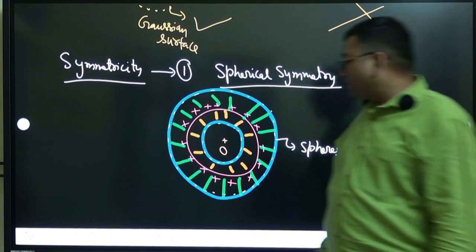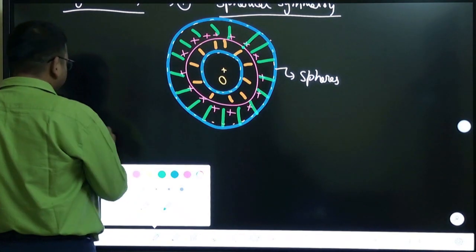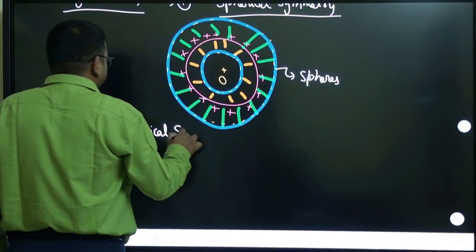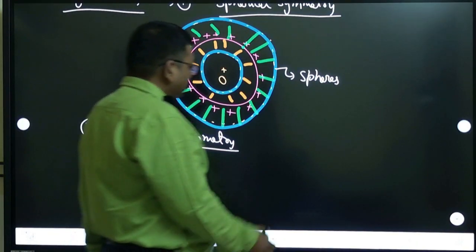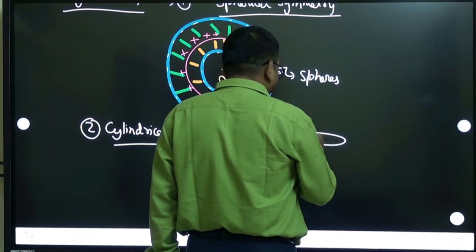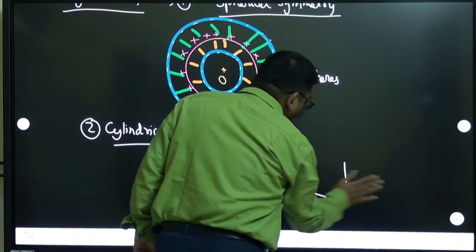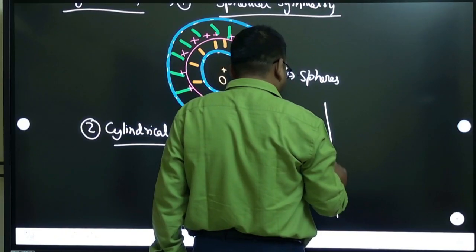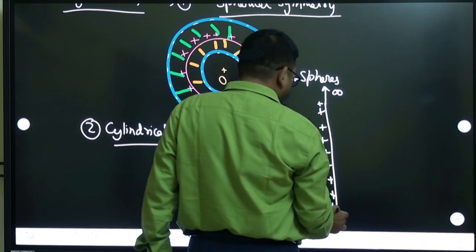Then cylindrical symmetry is also there. Let us understand cylindrical symmetry. It means, for example, some charges are distributed on a cylinder, or not on a cylinder also, but let us take a line charge, particularly a very long rod.